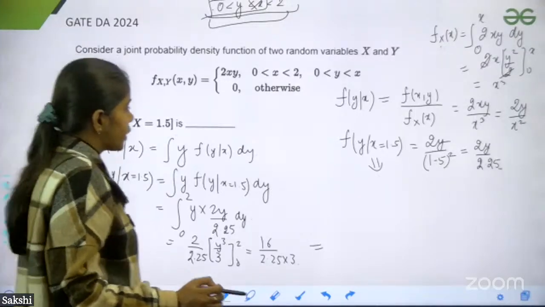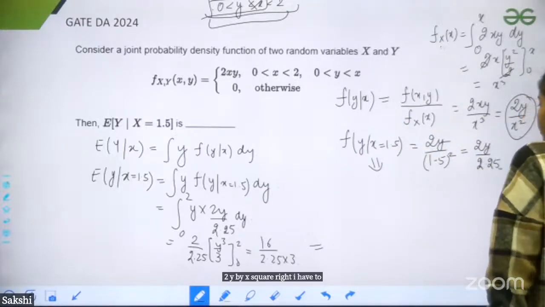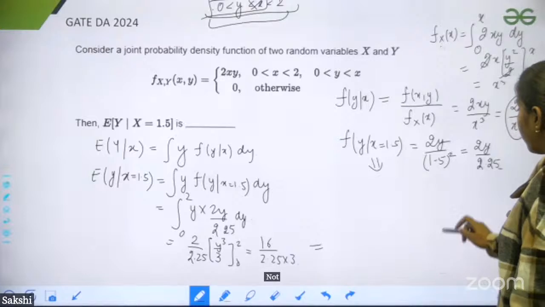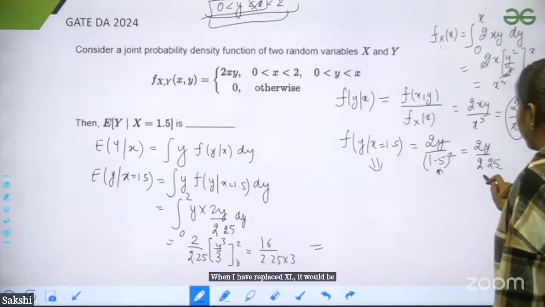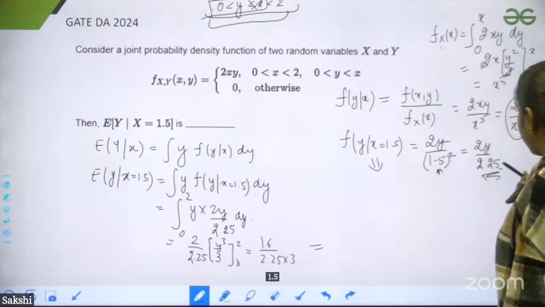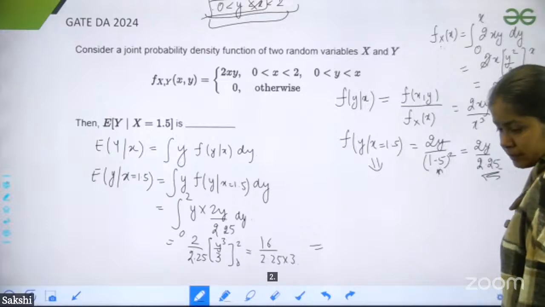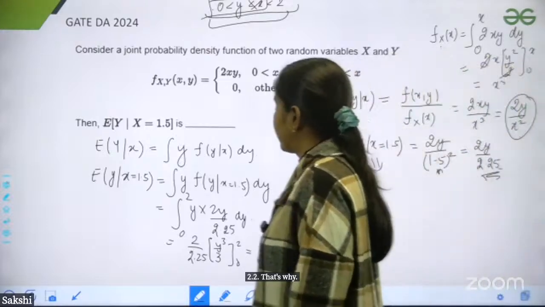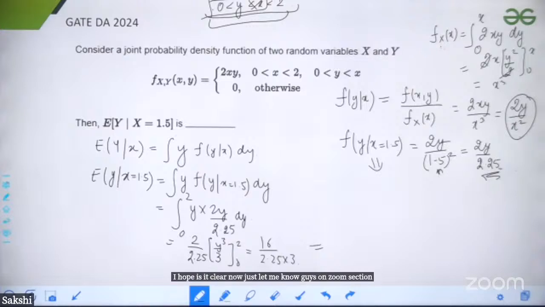Basically, we have this function 2y by x square, right? I have to replace x equals 1.5, not y. Only x I can replace. When I replace x, it would be 1.5 square, that is 2.25, right? So I have used 2.25 here. That's why. I hope it is clear now? Just let me know, guys, on Zoom section. Momali, is it clear why it is not 2 by 3?